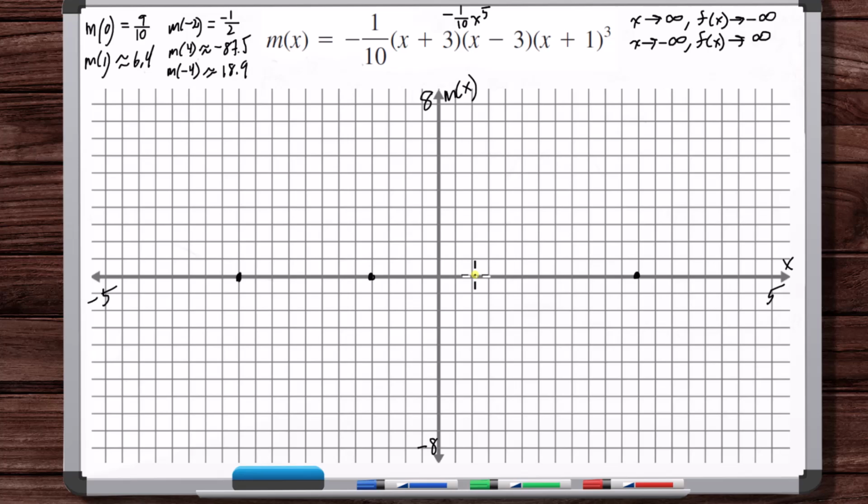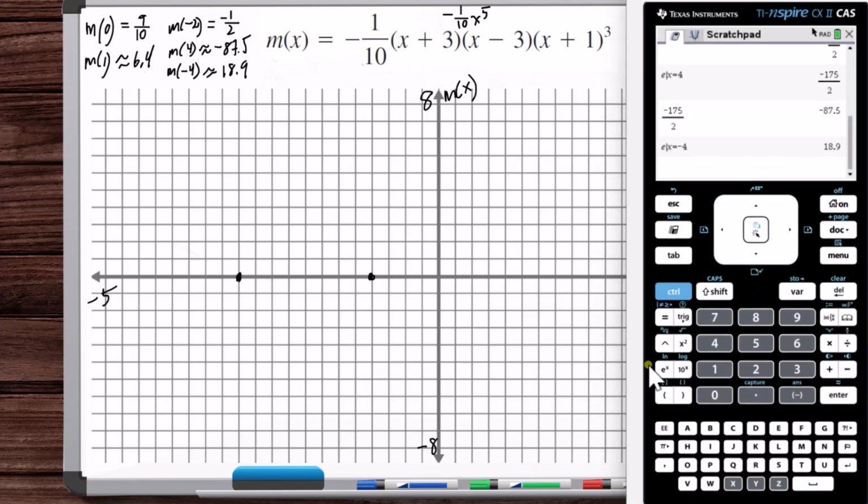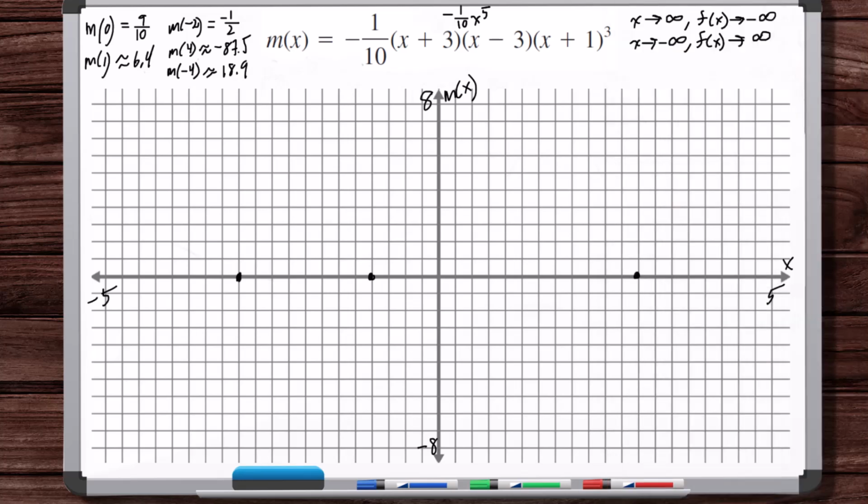Okay, so 1, 2, 3, 4. Let's see, 6.4 divided by 0.8. How many ticks is that? 8 ticks. So, okay. All the way up here.